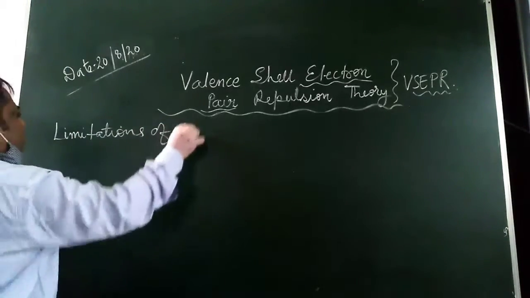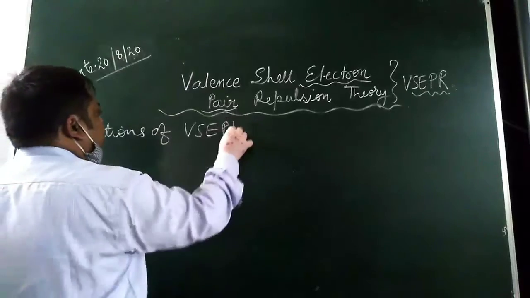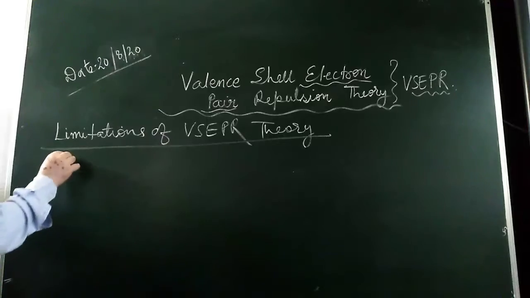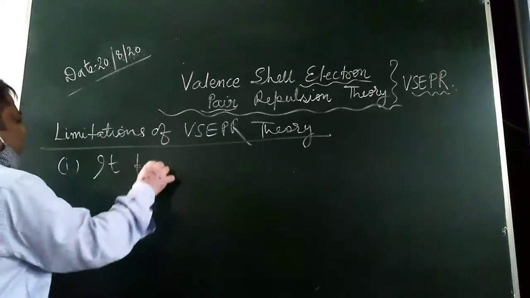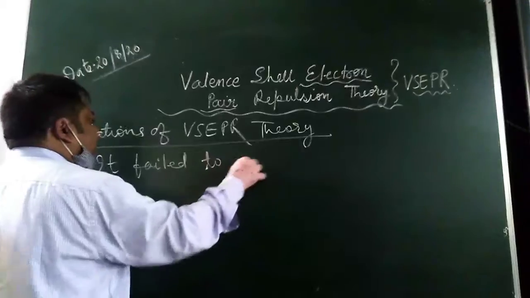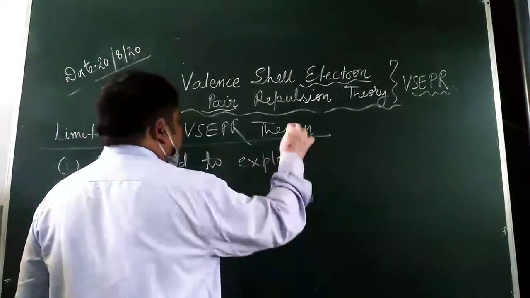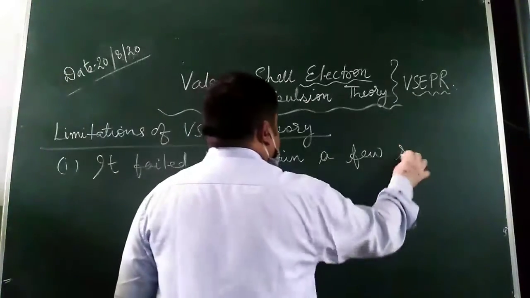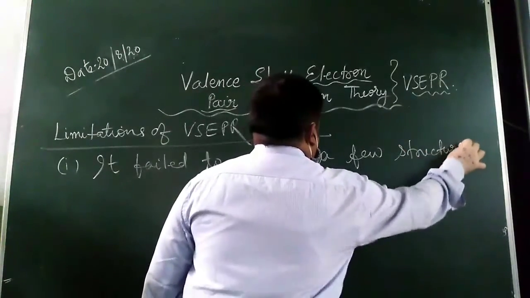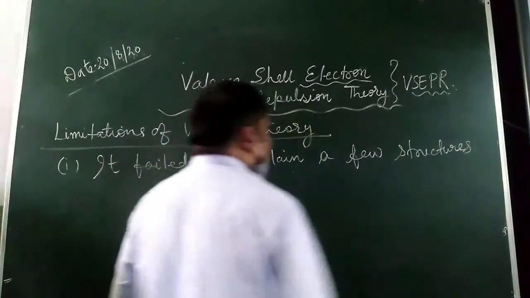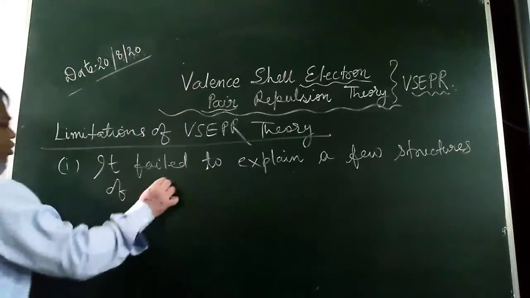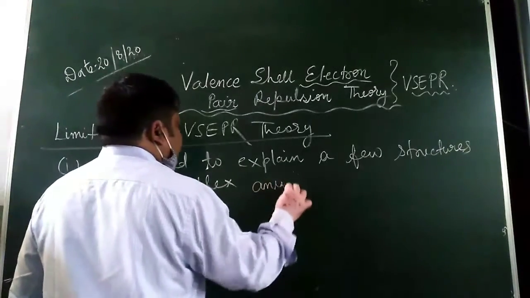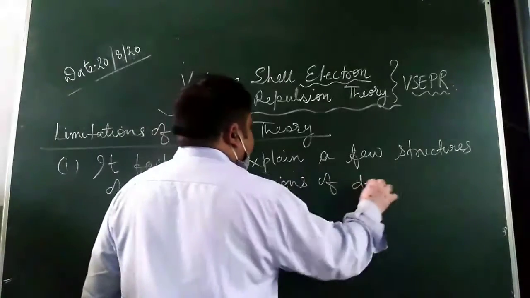Limitations of VSEPR theory. First, it failed to explain a few structures of complex anions of p block elements.